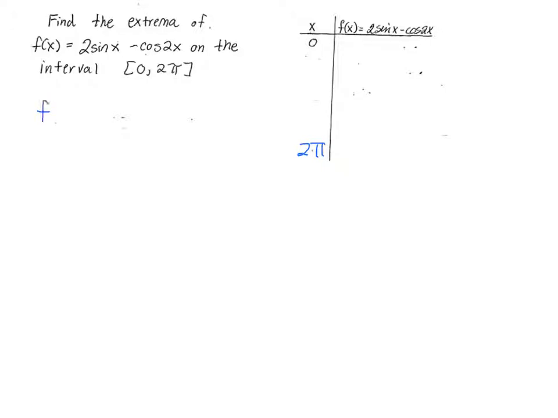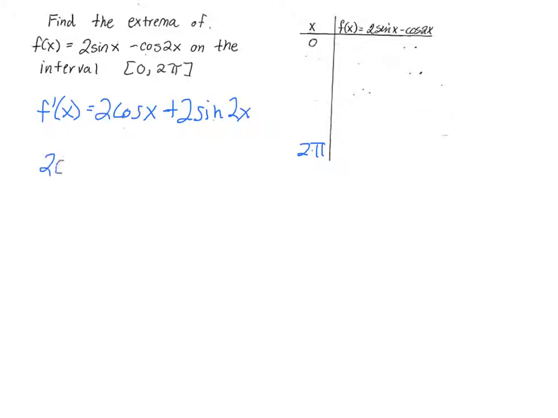So f prime of x is going to equal 2 cosine x minus, we need to chain rule, so that's going to really be a plus 2 sine 2x. And I need to set this equal to 0 and solve.